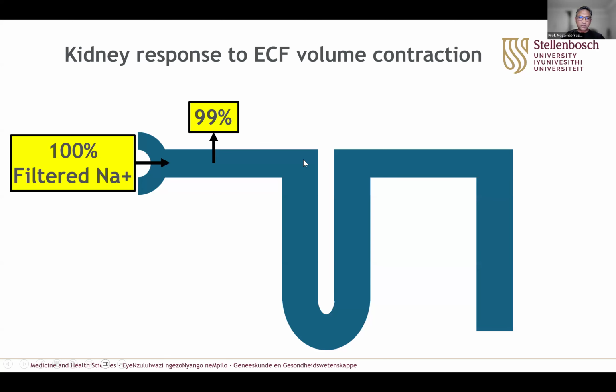But 99% of sodium is reabsorbed along the course of the nephron in the face of ECF volume contraction. And this results in a fractional excretion of less than 1%. The reason the kidneys are doing this is that they are trying to reabsorb as many sodium molecules as possible in order to increase the sodium content in the body and therefore the ECF volume.